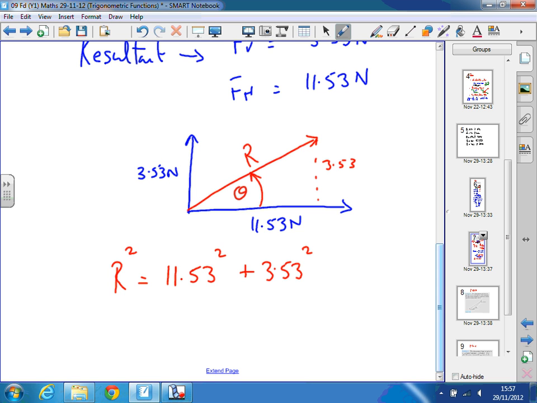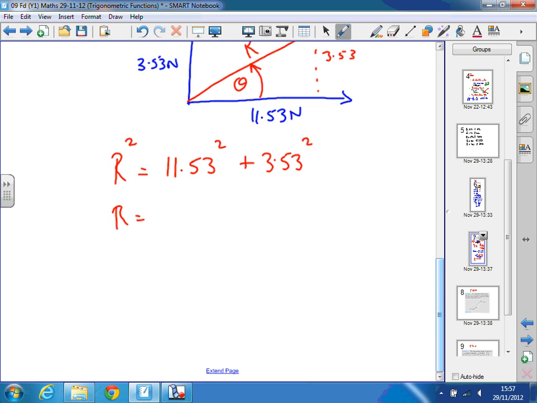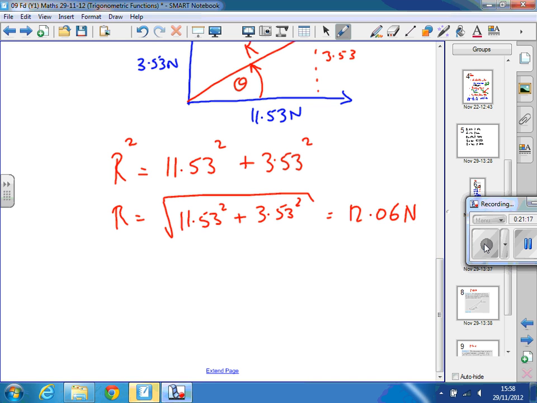So therefore r is the square root of 11.53 squared plus 3.53 squared, which gives us 12.06 newtons force. So we've got a resultant force of just over 12 newtons.